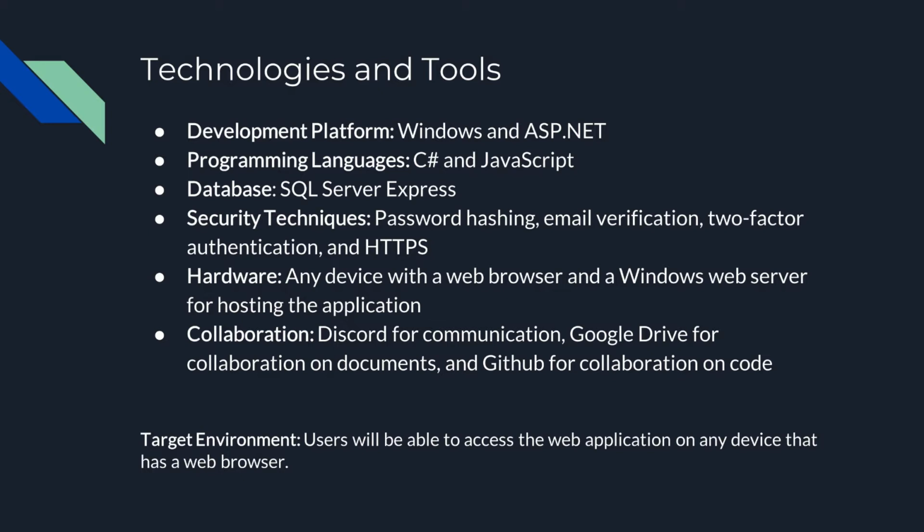For hardware, any device with a web browser and a Windows web server for hosting the application. And for collaboration, we used Discord to communicate, Google Drive to store our documents, and GitHub for collaboration on the code.